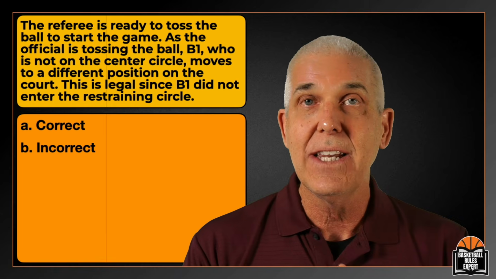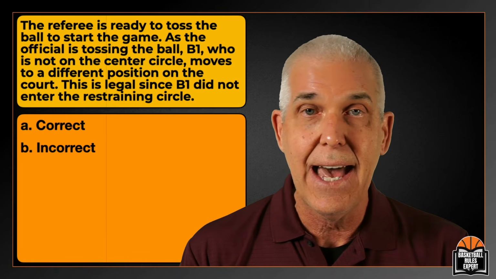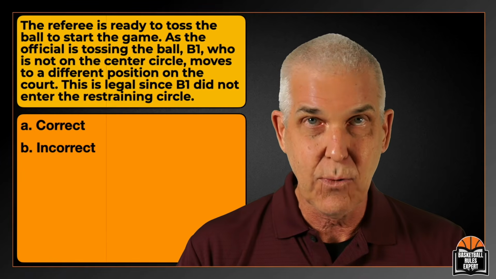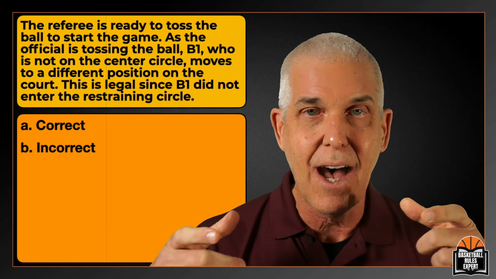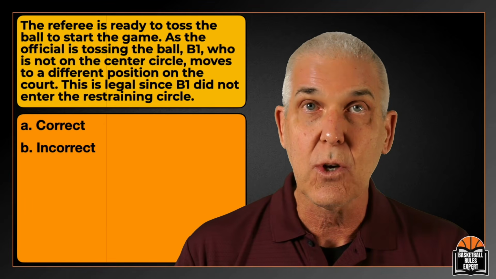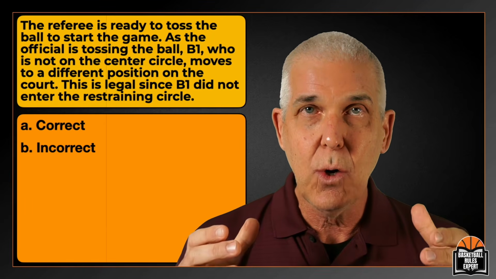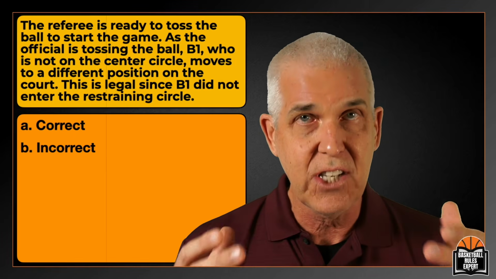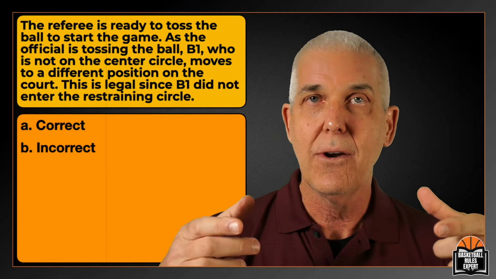What are the activities that are allowed and not allowed? In this situation, a player who is not on the restraining circle moves to a different position on the court. There is no restriction on the movement or position of those players.